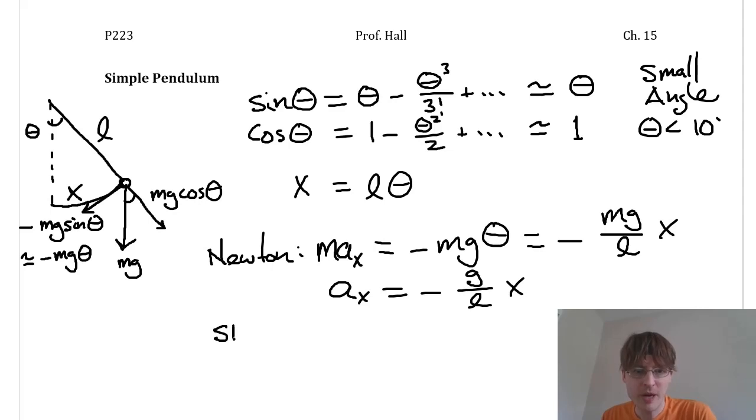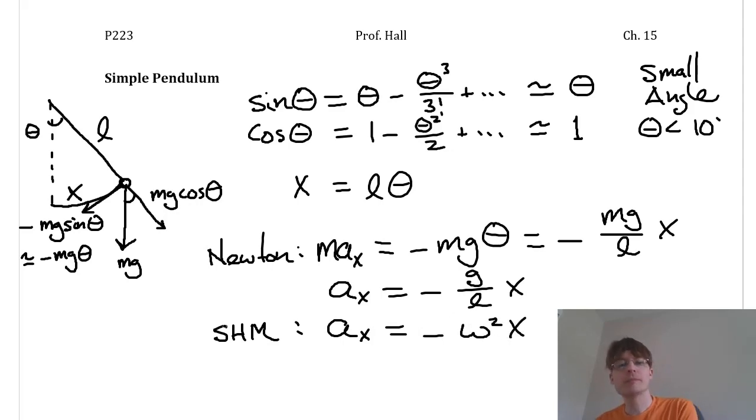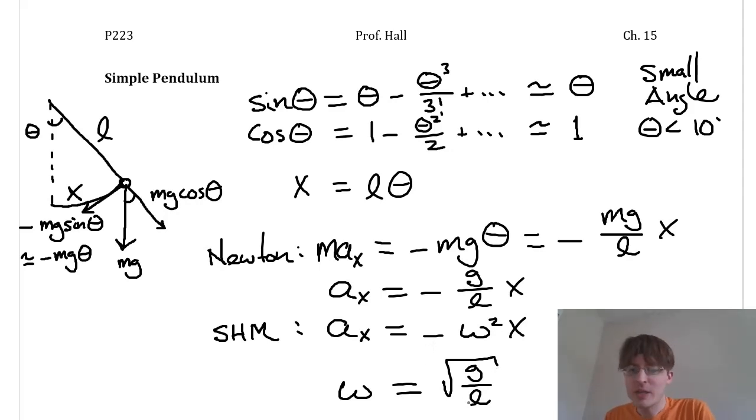Let's compare it to what we know about simple harmonic motion in general. In general, a simple harmonic oscillator obeys the rule that its acceleration is minus omega squared times x. And therefore, what I've learned is that our pendulum has a value of omega squared, which is g over L. In other words, for the simple pendulum, its omega value is the square root of g divided by L. Meaning that the longer the pendulum is, the lower its frequency is.